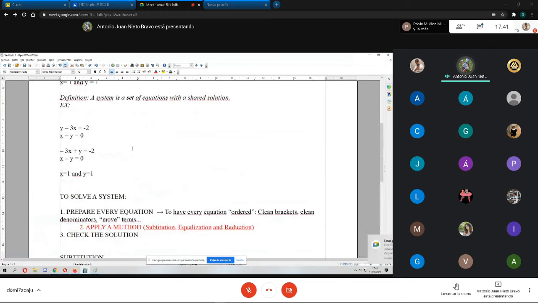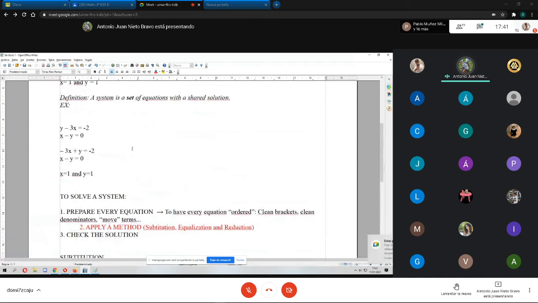Yes. Okay, so to check it is really simple because it's the same as what we do with equations. To check it, we say we have done the system and we have said that the solution is y equals -1 and x equals -1. The only thing we have to do is to come here, and instead of y, write -1, and instead of x, write -1. And check if it's the same result. And here in the second equation, the same.